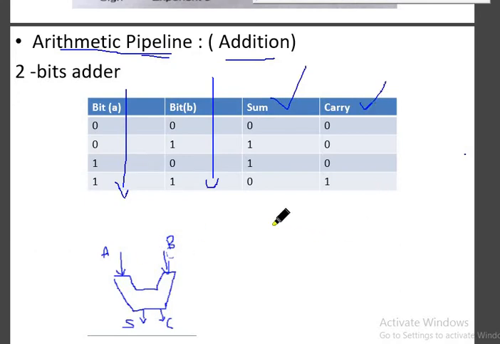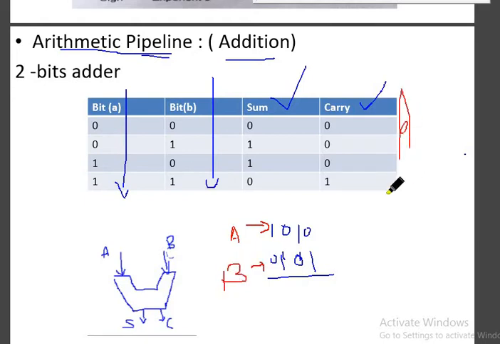Now take an example like this. I will make it 0 so that we get an answer. This is information A and this is information B. Take this reference table to explain. A as 0, B as 1: this is the row we have to refer to. What is sum and carry?